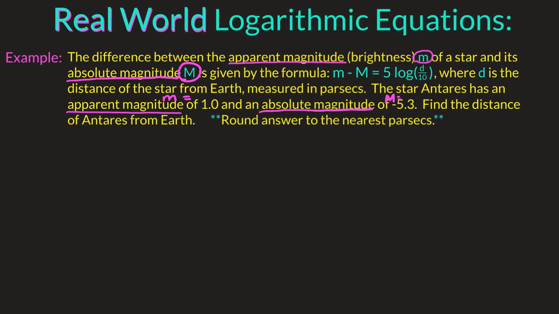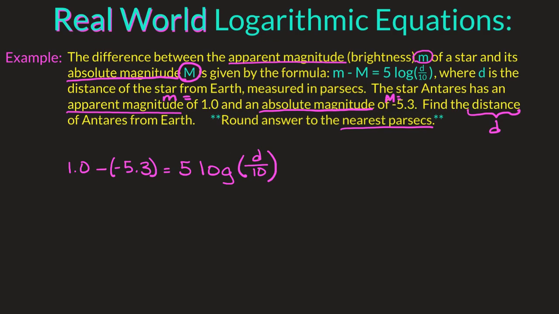Find the distance. So this is what we're looking for. We're looking to find d of Antares from Earth. And it says round our answer to the nearest parsec. So let's plug in our information that we're given and solve for the unknown. Our lowercase m we said was 1.0 minus our uppercase M, which is negative 5.3, equals 5 times the log of d, which is distance, we don't know what that is, divided by 10, close parentheses.